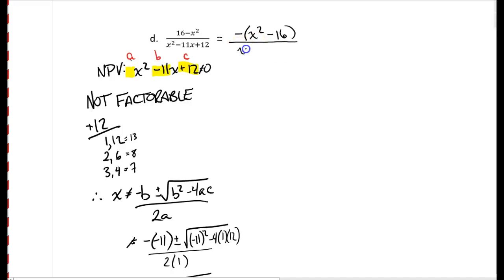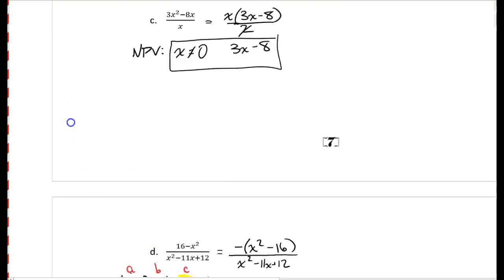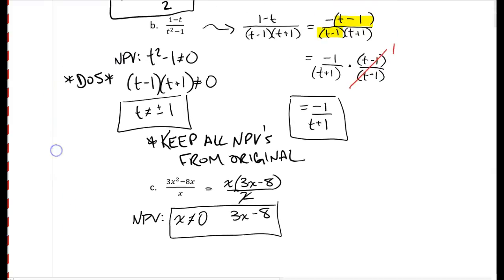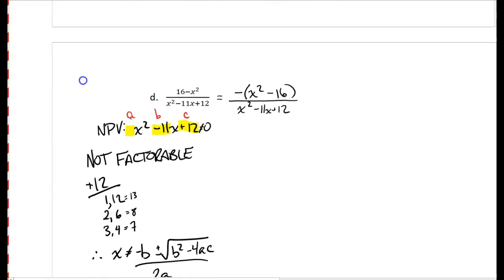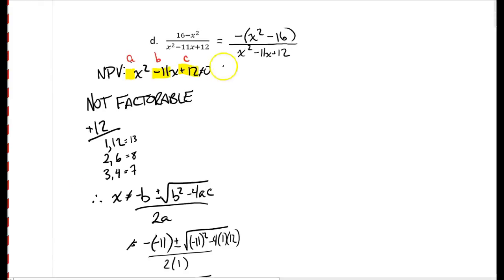Because I cannot factor x squared minus 11x plus 12, unlike the previous two examples where I was able to factor out and divide by 1 essentially, in this case, I can't, which means I have to multiply in order to be able to write an equivalent fraction. So writing something like times 2 over 2 would be fine.